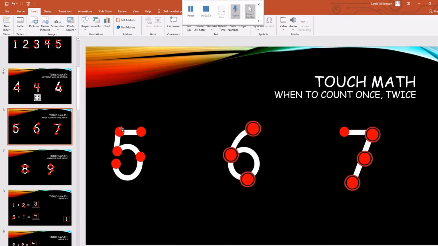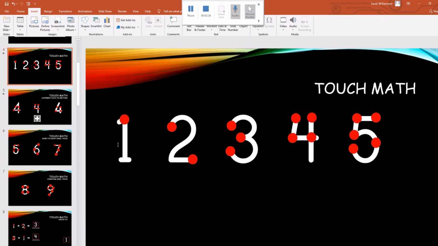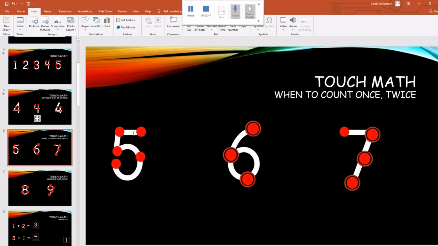All right, so before we go on, I just want to review one more thing with you, and that is I want to talk about 6, 7, 8, 9, okay? So we have already gone over how 1 has 1 dot, 2 has 2 dots, 3 has 3 dots, and so on, right? 5 has 5 dots. All right, so 6 is where there's another aspect added, okay?